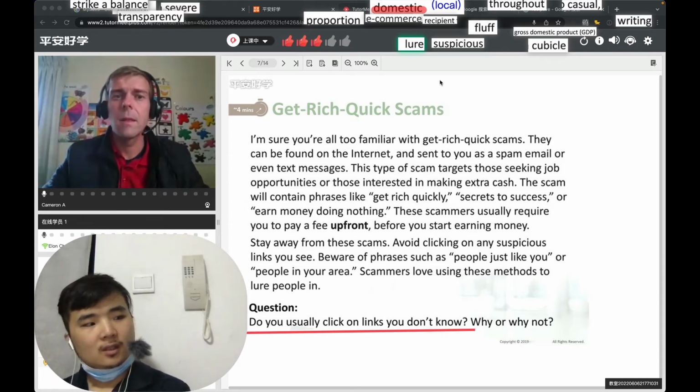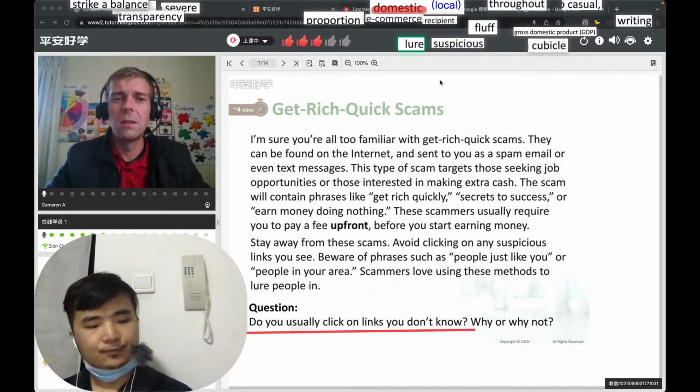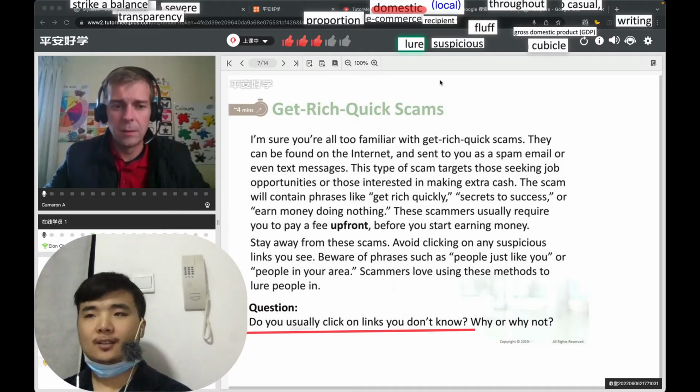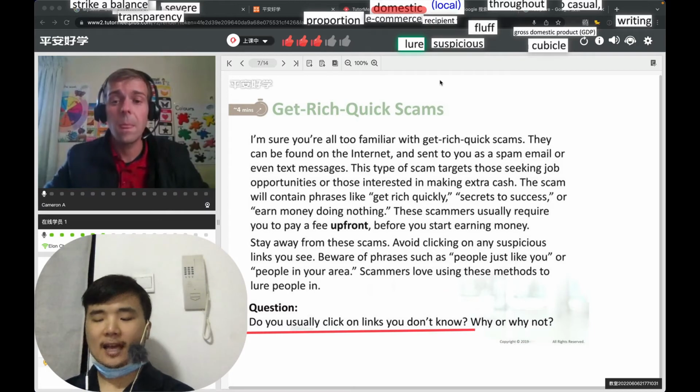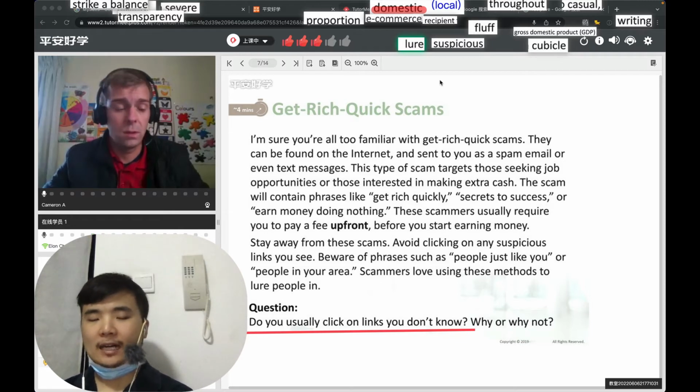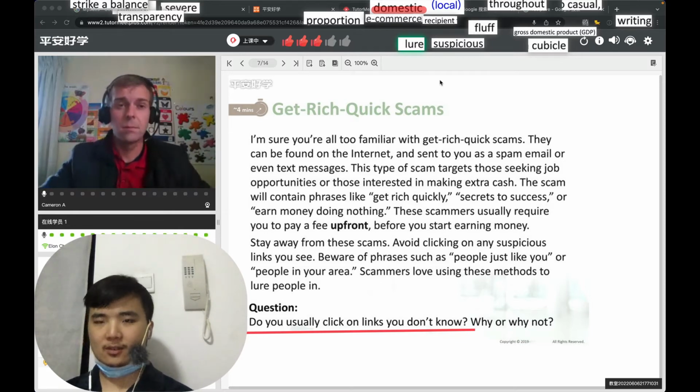Sometimes it depends on the senders. If I am familiar with the senders, I'd like to click the links included in the email or message text.